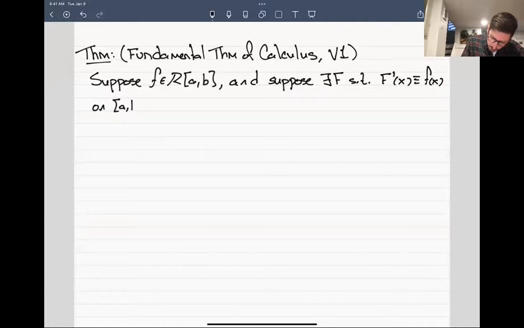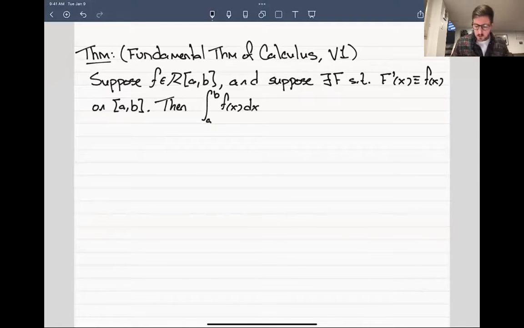Okay, so we typically refer to capital F as the antiderivative. Well, then you probably know from an introductory calculus class that if you integrate little f of x over a closed interval, this is just the same as evaluating the antiderivative at the endpoints and subtracting them from each other.